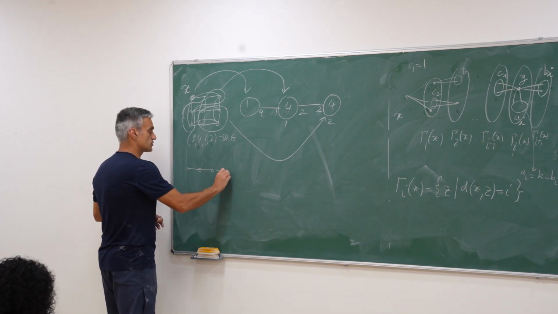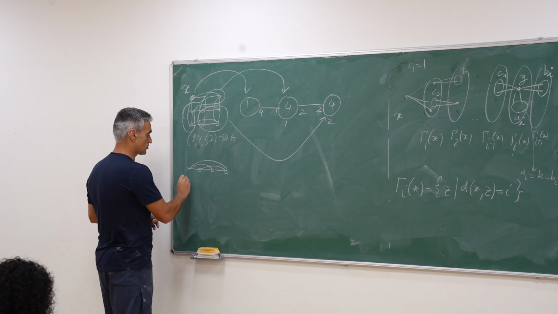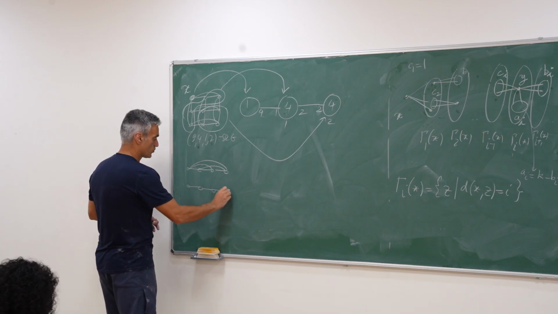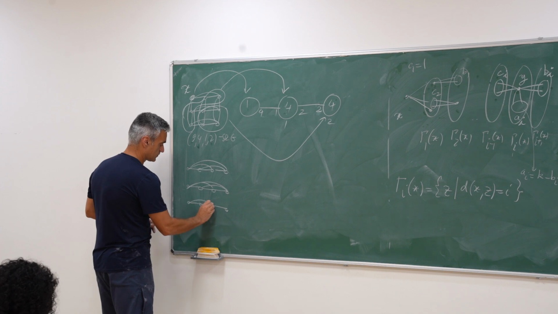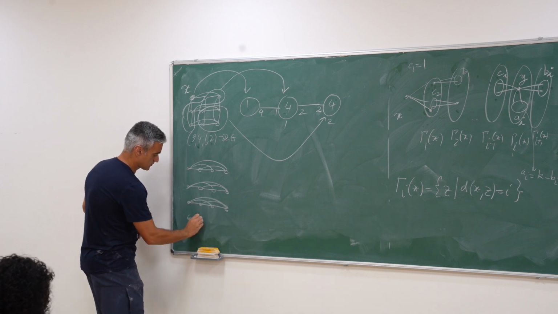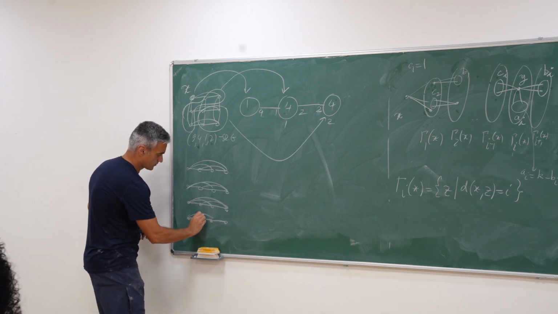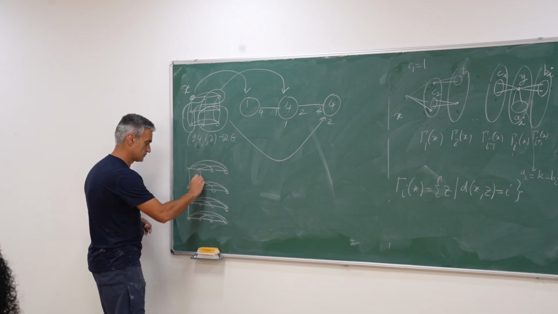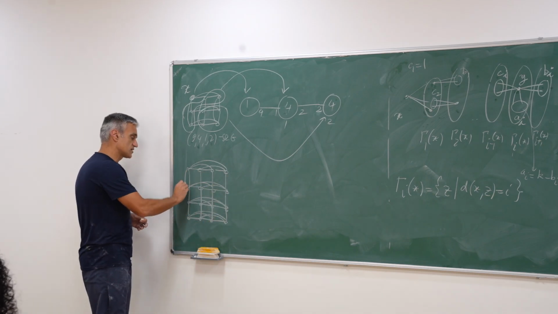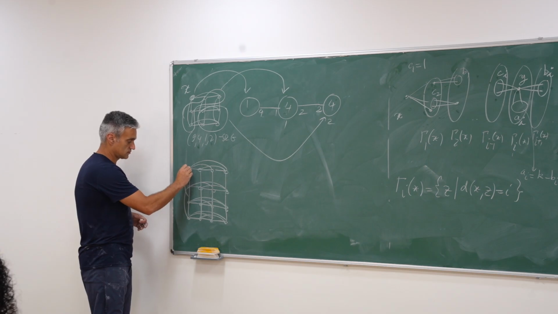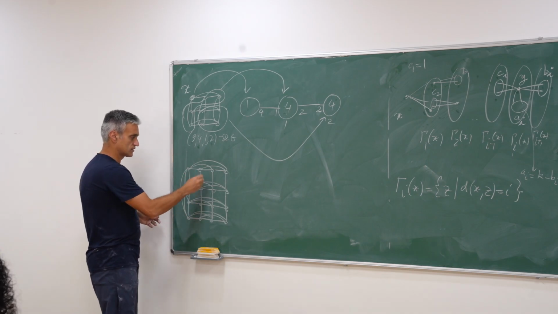So here's the one that is 4 by 4. Each row is a clique, K4, each column is a clique, K4.